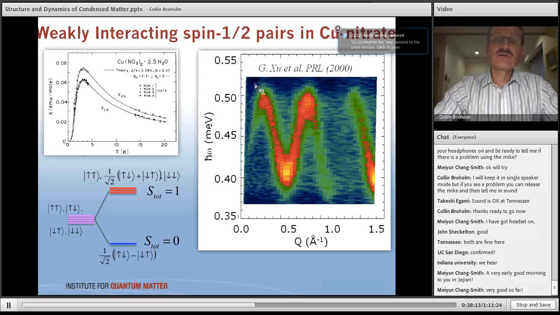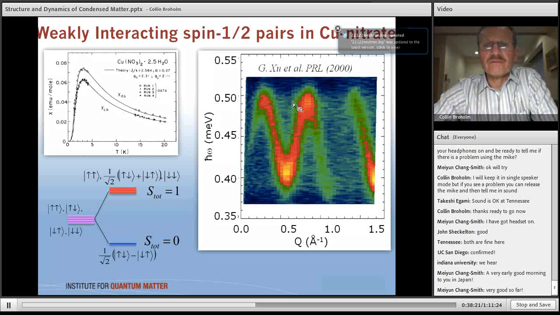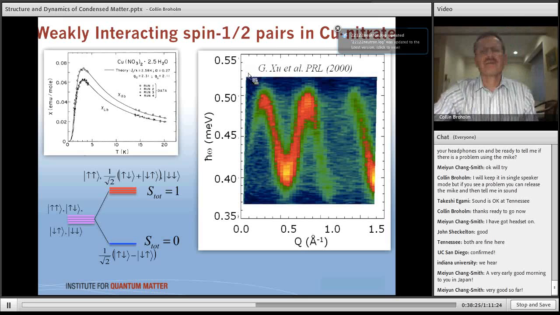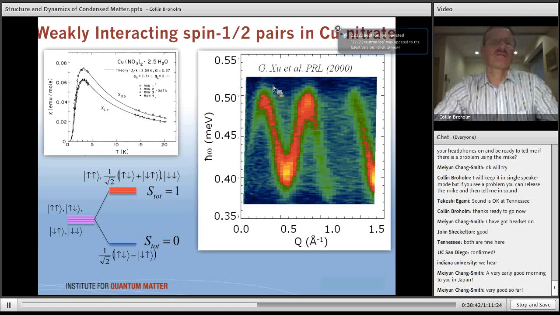Now, E of Q is some sort of dispersion relation for these quasiparticles, and we could develop various expectations for what that would look like, and we could also relate E of Q in various types of theories to the nature of the interactions in the system. But in what I'm writing here, I'm going to leave E of Q as some function that is part of our phenomenological model.